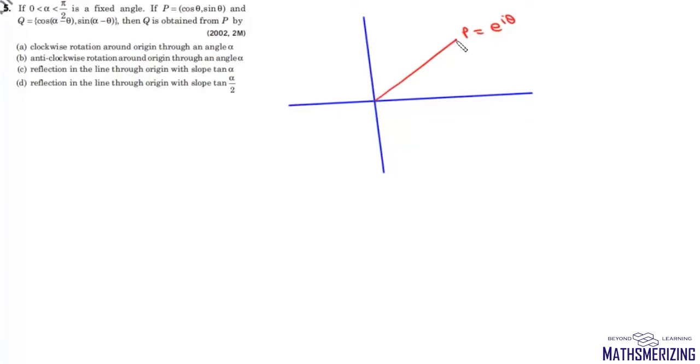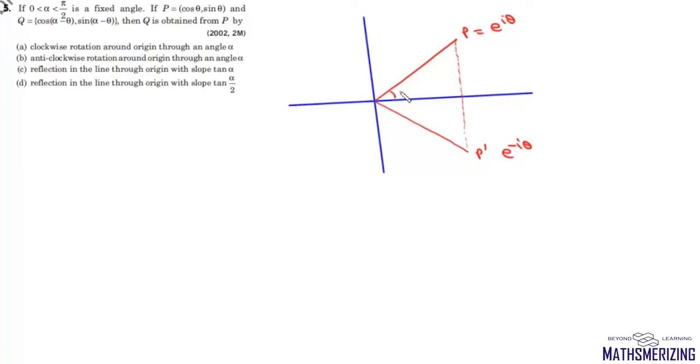Now if we take its reflection about the real axis, then we'll get this point, say P dash, and it'll be e to the power minus iota theta.